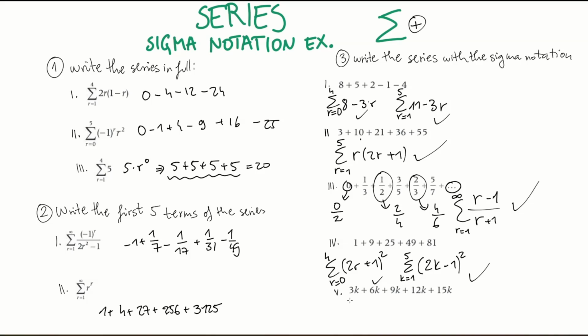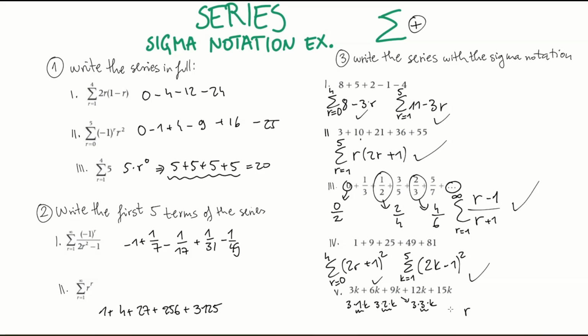For our last example of the day, we have just 3 times k plus 6 times k. We can see that we are multiplying 3 times a certain value, in this case 1 times k. We have then 3 times 2 times k, and then 3 times 3 times k, and so on. So we can see that in our expressions we have integers that are increasing by 1, and that's exactly what we want. So we can write these as r, because it's increasing by 1.